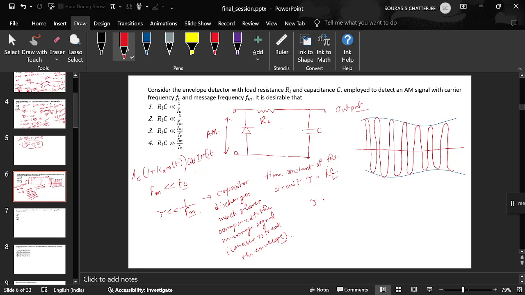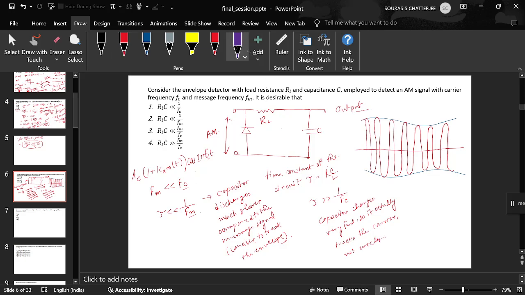On the other hand, if tau is much smaller than the variation 1 over fc, so what will happen? The capacitor charges very fast, so it actually tracks the carrier, not the envelope.